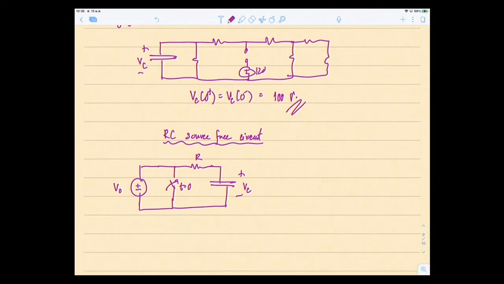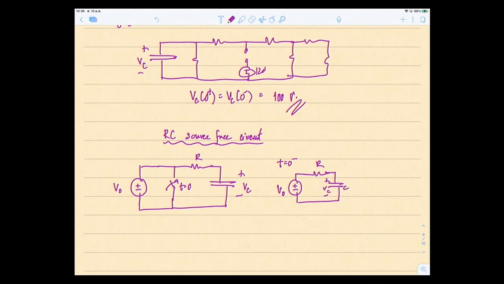Before the switch changes at t equal to 0, is there any energy stored in the capacitor or not? What's VC? So at t equal to 0 minus, when I draw the picture, the switch is still open, so we have V naught right here, R, and then C, plus minus VC.